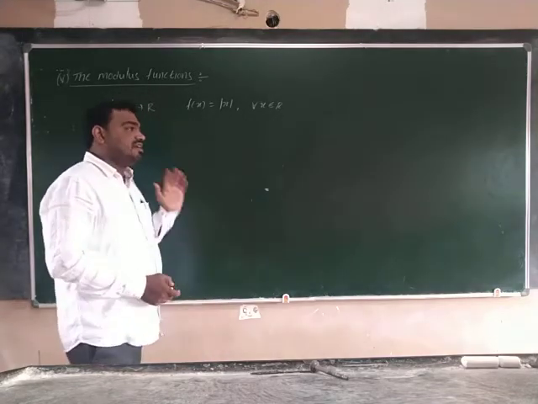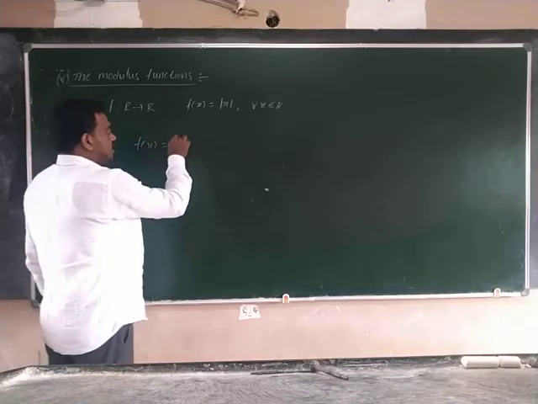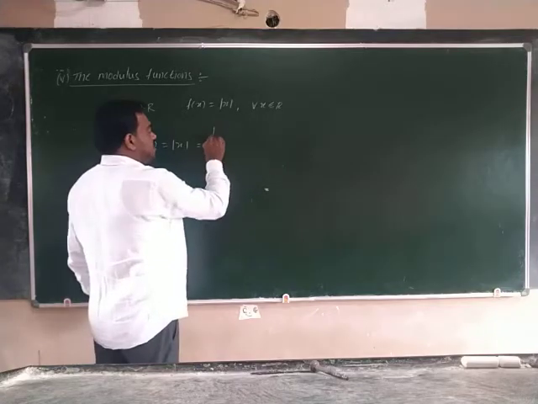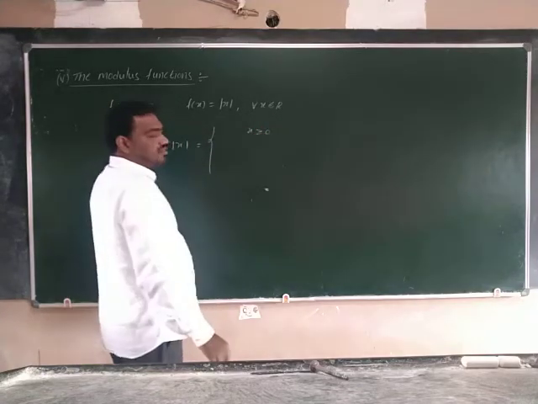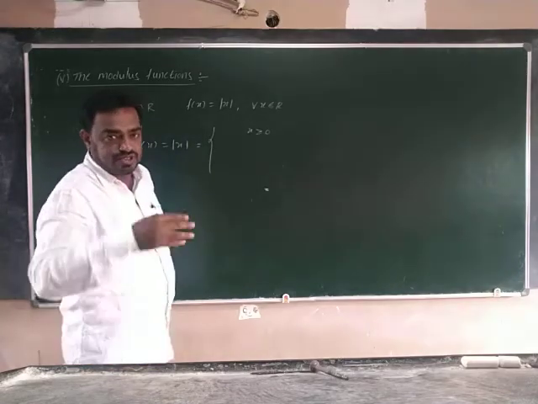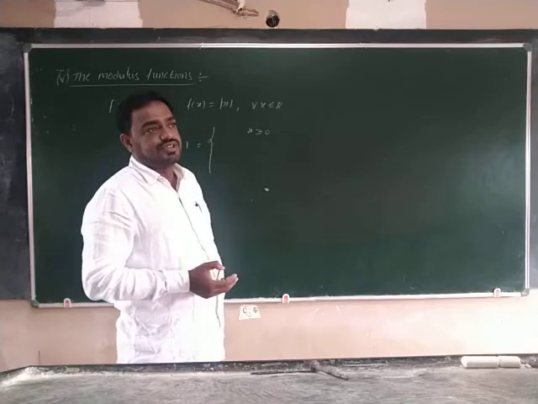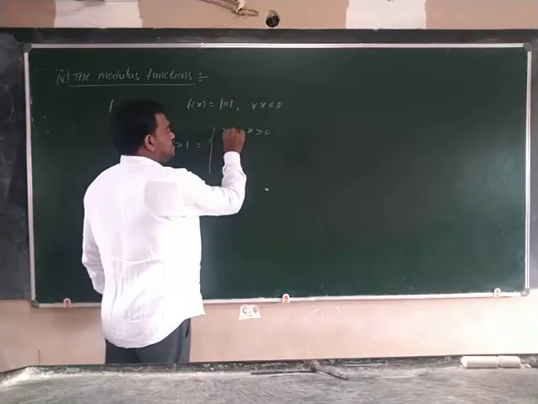The modulus function, f of x is equal to mod x, is equal to x for positive values of x, that means x is greater than or equal to 0. What are the positive values? 0 and above. That means for positive values of x, the modulus function is equal to x only.